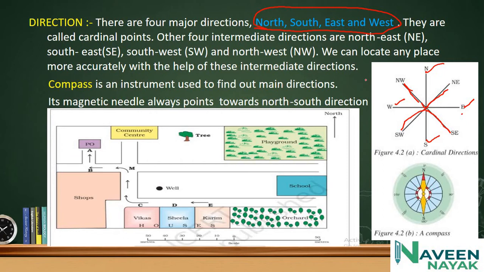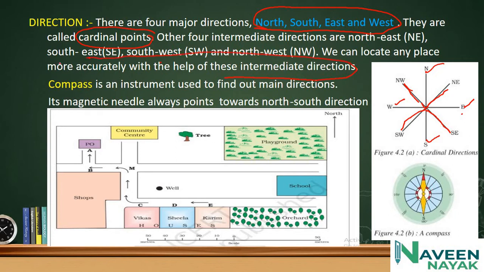The 4 major directions are called cardinal points. The other 4 intermediate directions are northeast, southeast, southwest and northwest. We can locate any place more accurately with the help of these intermediate directions.